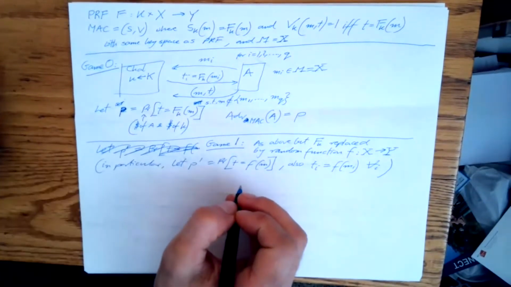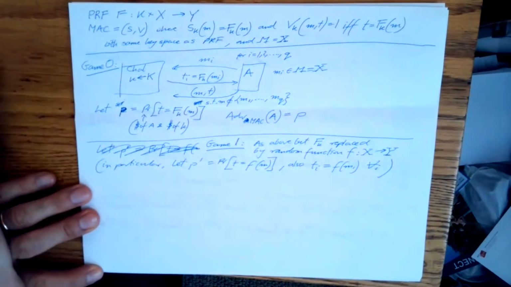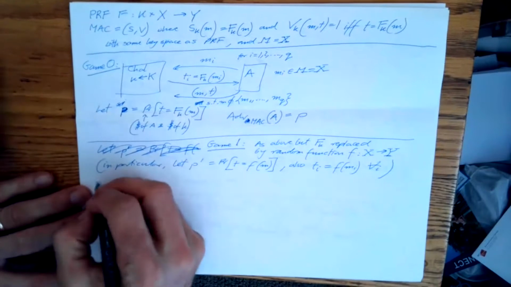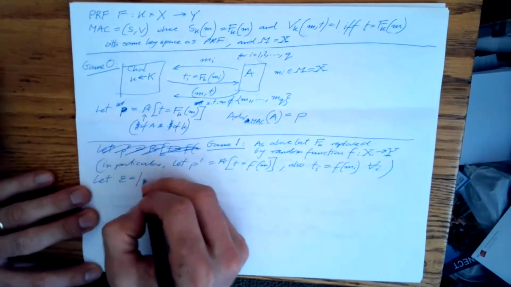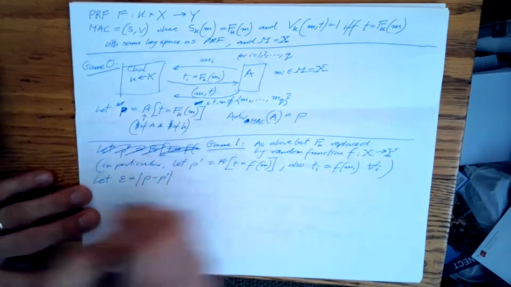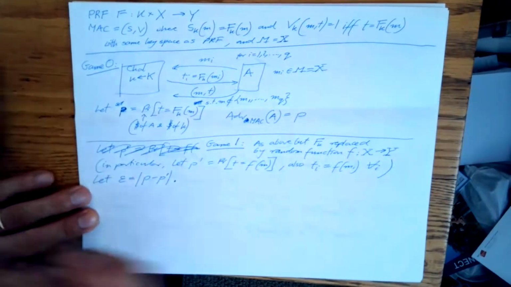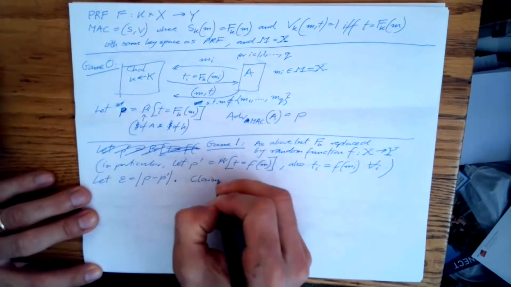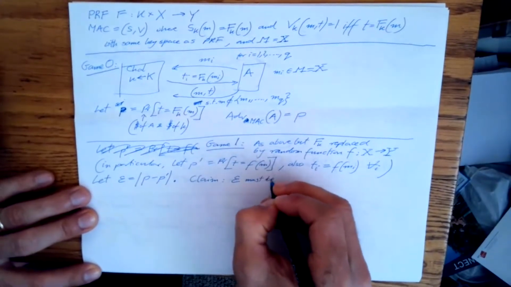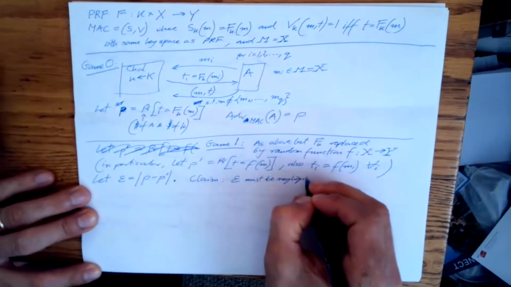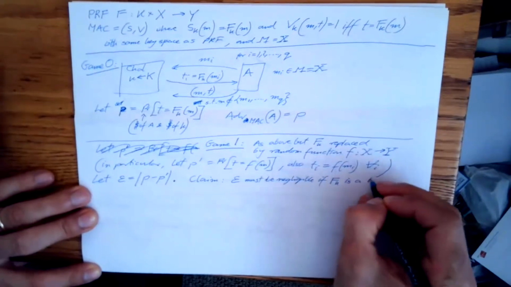Now let epsilon be the difference between P and P prime. Claim: epsilon must be negligible if F_K is a PRF.